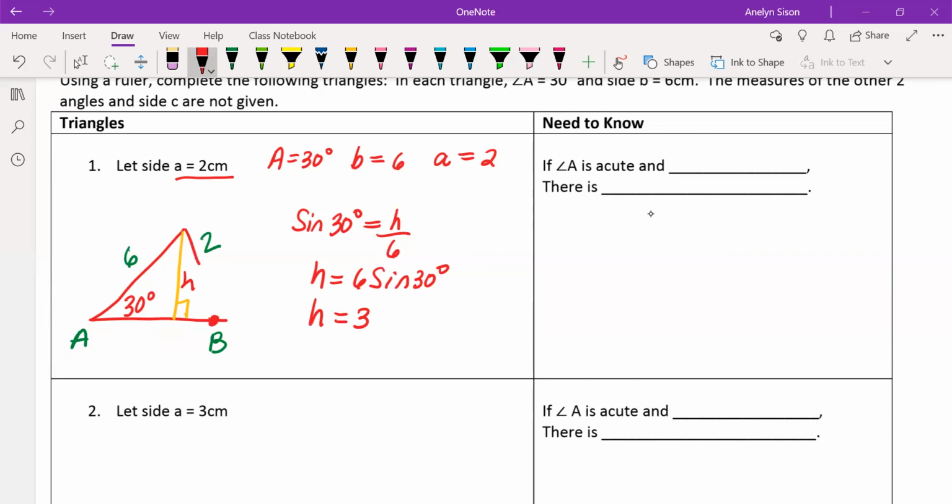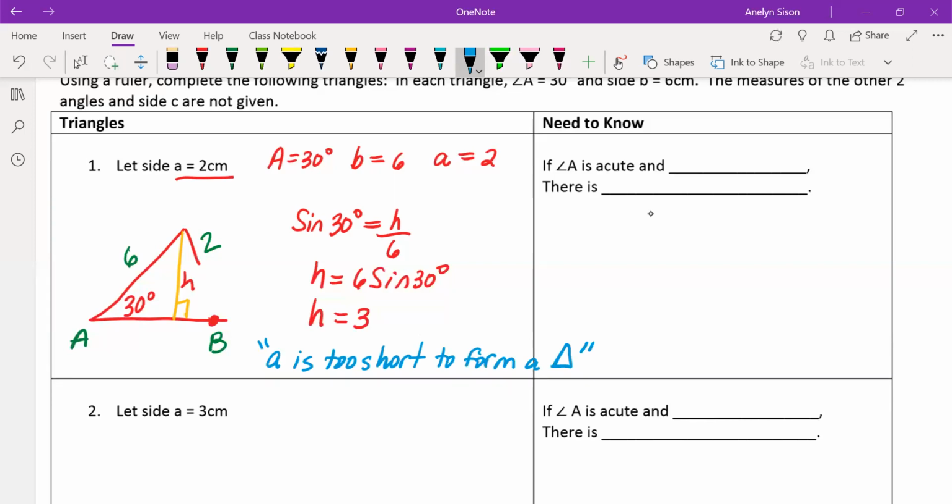Is it possible to have a triangle? No. Why is it impossible then to get the triangle? In here, A is too short to form a triangle. Too short. Can't make it.